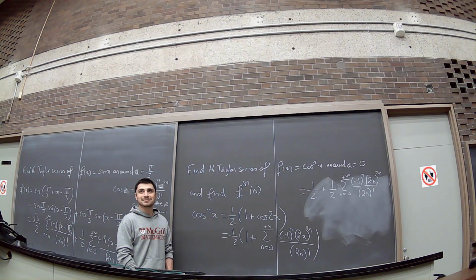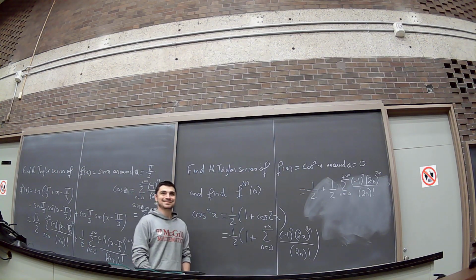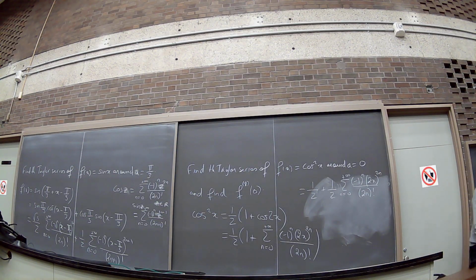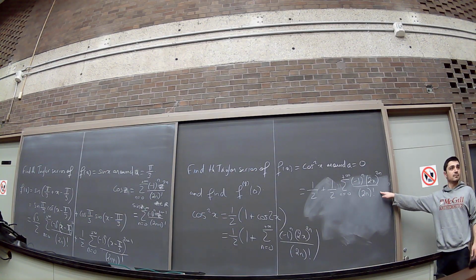How do you get the x alone, the x and the constant term? What is the constant term of this? What is the first term of this one?